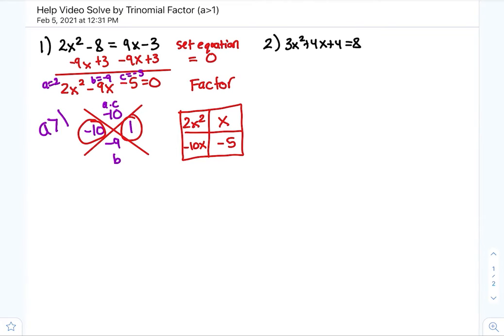You could put the x on the bottom left and the negative 10x up top right, or vice versa. So let's factor. There's nothing you can factor from there, so this is just going to be a 1. From here, what goes into 2 and negative 10? 2. And they both have an x variable, so we can factor out an x.